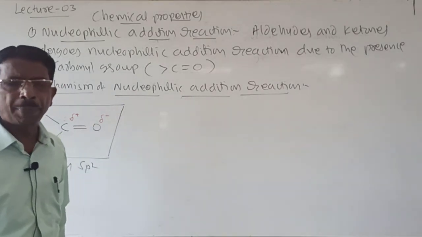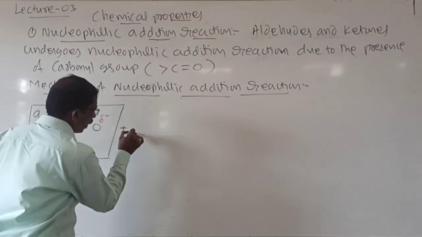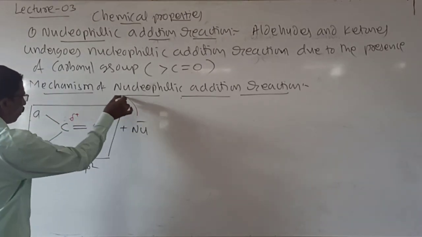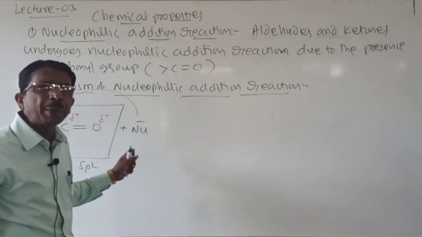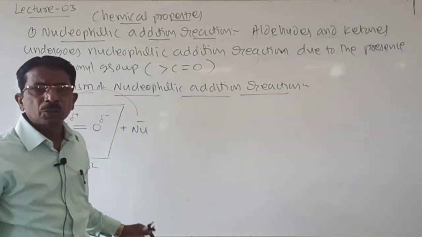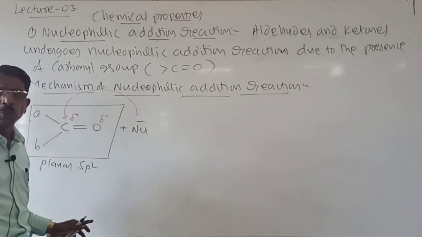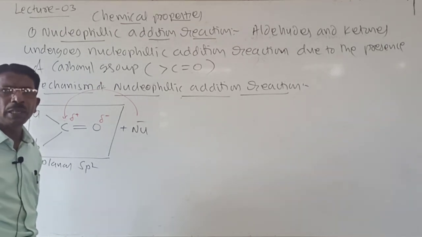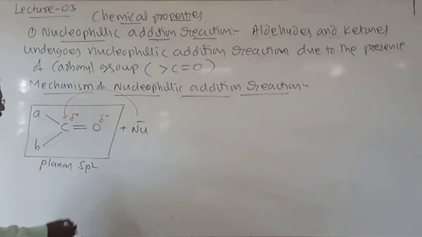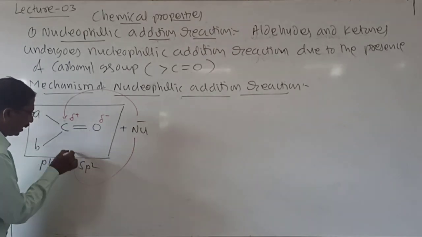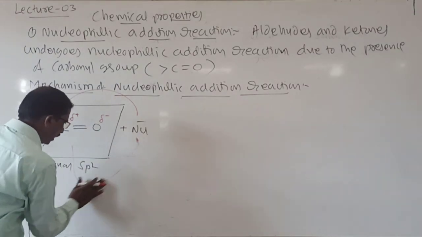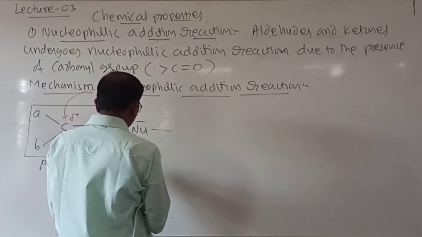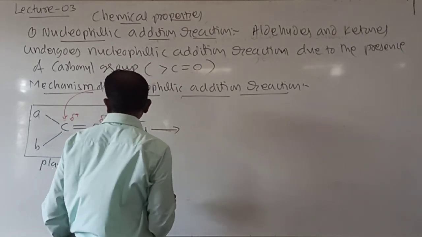Whenever a nucleophile attacks perpendicular to the planar sp2 hybridized carbon atom, which acts as the electrophilic center, it may attack from here or from here, perpendicular to the planar structure. Therefore it forms an intermediate tetrahedral structure.